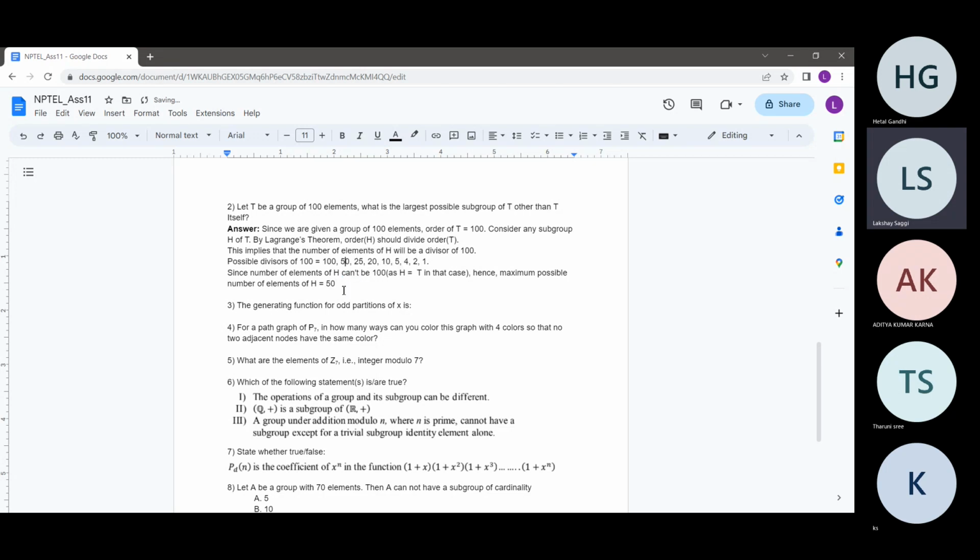It's 50, right? So the maximum possible number of elements of H will be 50. So this is the answer. I'll just underline this also. So 50 is the correct answer.